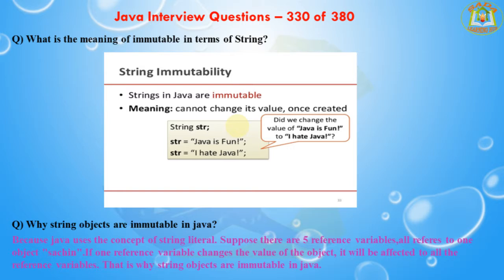If one reference value is changed, automatically the value of the object is affected for all the reference variables. That's why strings are immutable objects in Java.